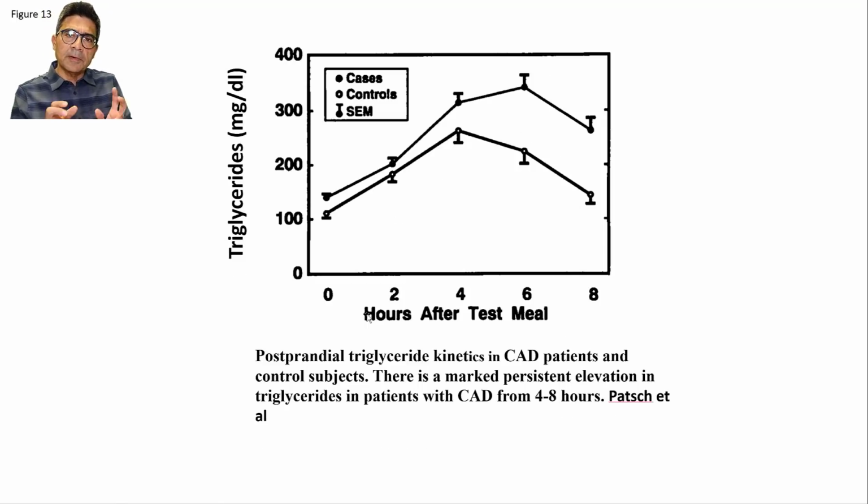But the reason I put this slide up is this: there is a reduced clearance of ingested fat in people with metabolic syndrome and coronary artery disease. So in this coronary artery disease population that had underlying metabolic syndrome, fat is ingested, and compared to controls, the fat levels remain high at 4, 6, and 8 hours, indicating that there is presence of triglycerides or fat in your bloodstream because you are unable to dump the fat into the fat cells.